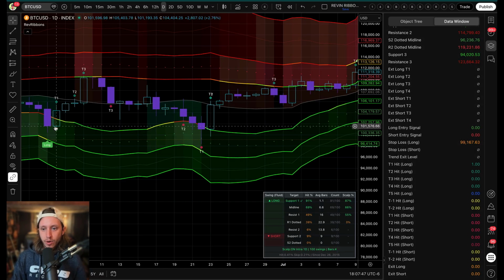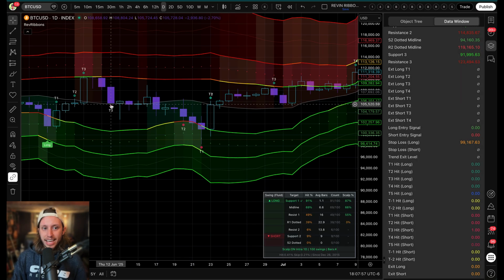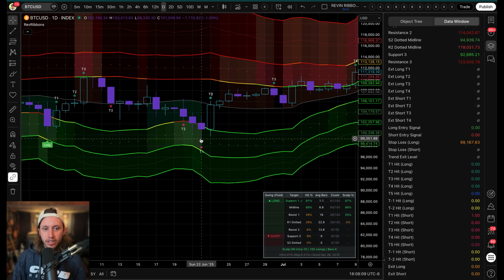So again, just kind of watch this pane over here. You hit T1, you hit T2 right there, you hit T3, then our T3 short, which could be a buy signal if you're trying to scalp. When you see that wick into the midline, you could re-enter. So re-enter $25 in, re-enter another $25 in, and re-enter the last $25 in.